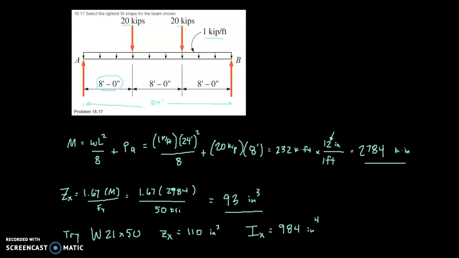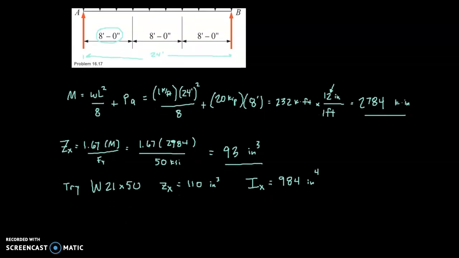Okay, so I've chosen a beam that I think will work, but I should now go back and check the self-weight, make sure that the moment caused by the self-weight of the beam doesn't cause this beam to fail any of my design criteria. So a couple different ways to do that.